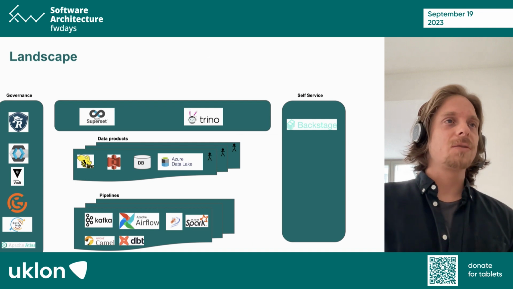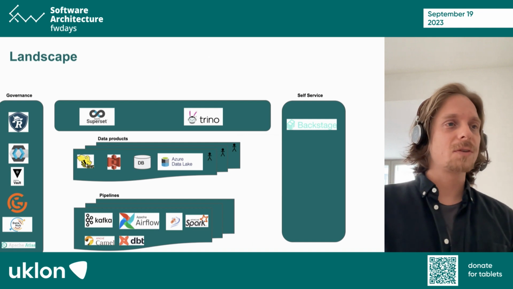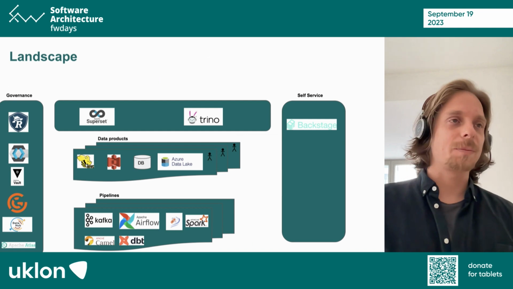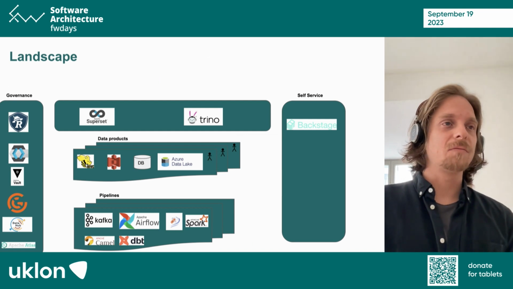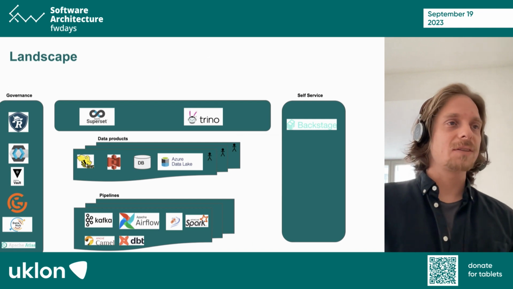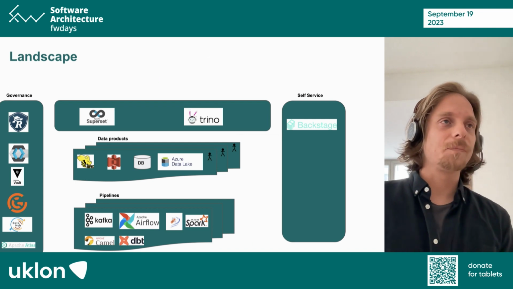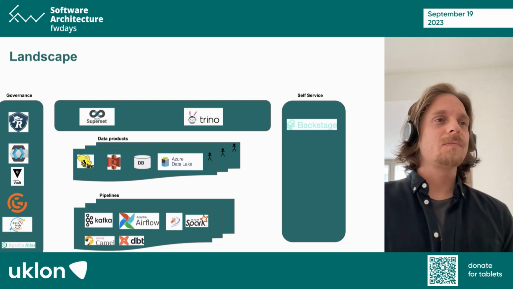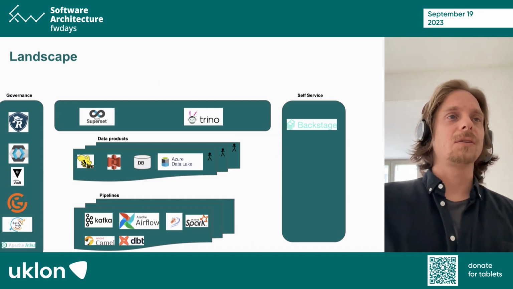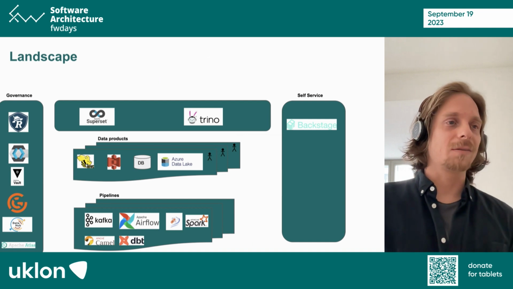As you can see, we are using Ranger, Keycloak, HashiCorp Vault, DataHub, Apache Atlas, Great Expectations on the governance side. All of them should work nicely coupled to ensure our governance.